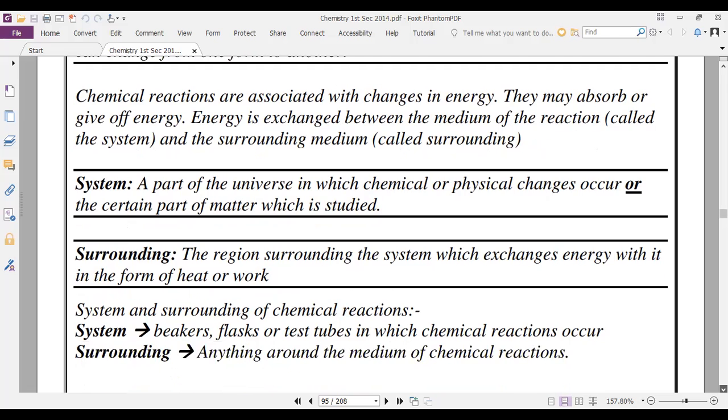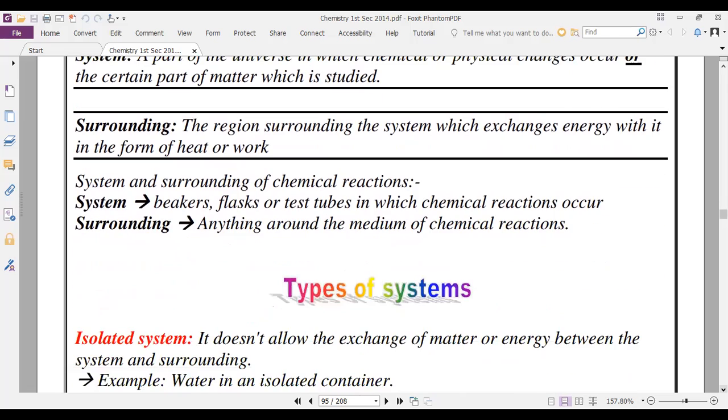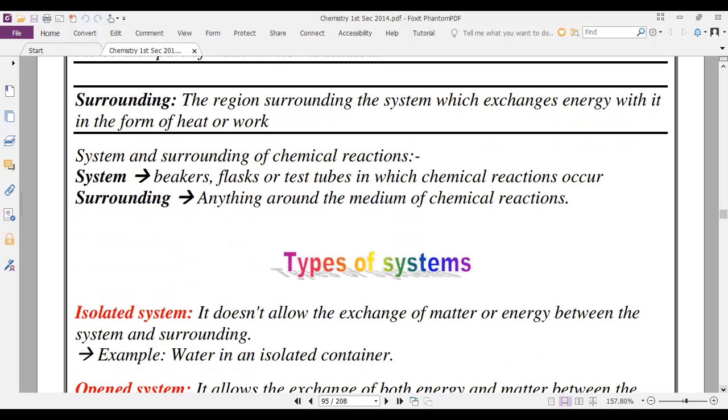After that, as system and surrounding in a chemical reaction, system means a medium in which chemical or physical change occurs, such as beakers, flasks, or test tubes in which chemical reaction occurs. While surrounding is anything around the medium of the chemical reaction.